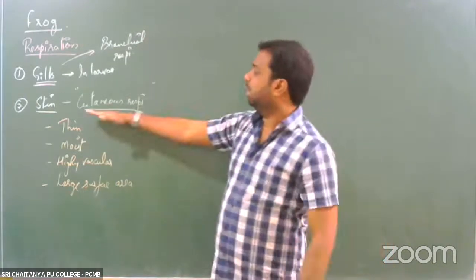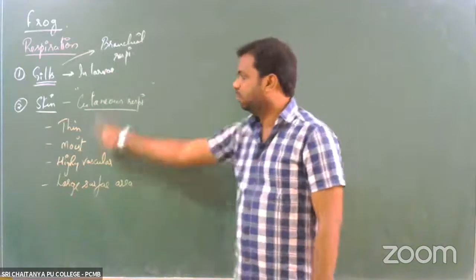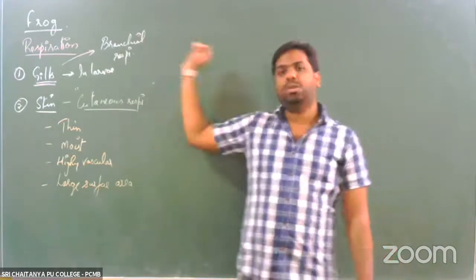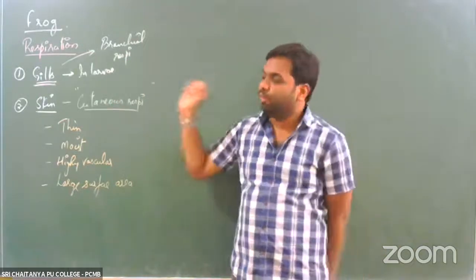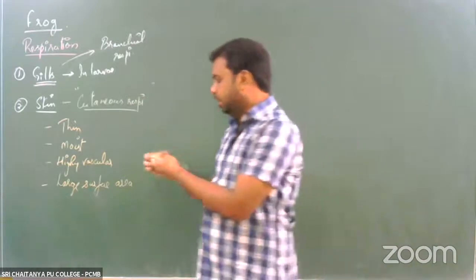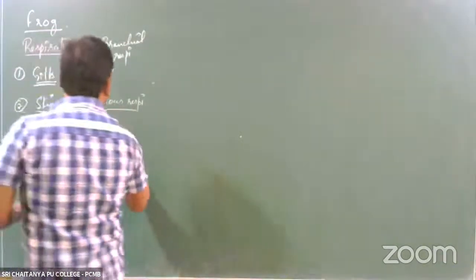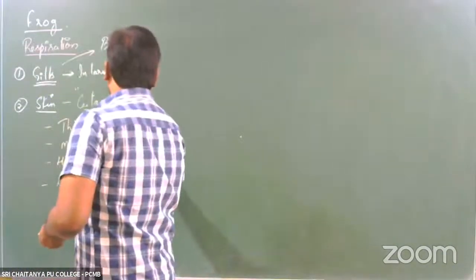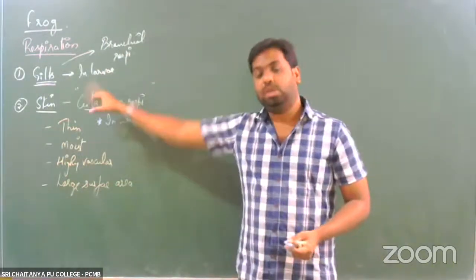So in the case of these organisms, skin acts as an ideal respiratory surface because of these conditions. Now, when do these organisms use skin as the respiratory organ? There are two conditions. Number one, when the organism is in water, the mode of respiration is cutaneous respiration.